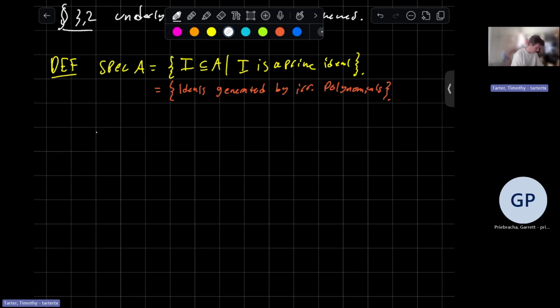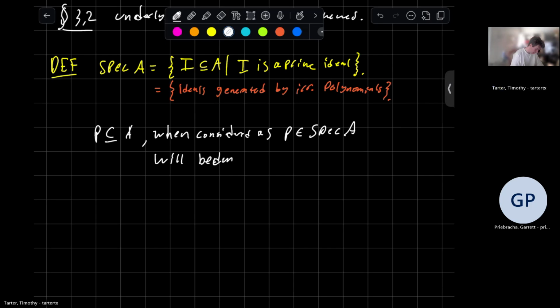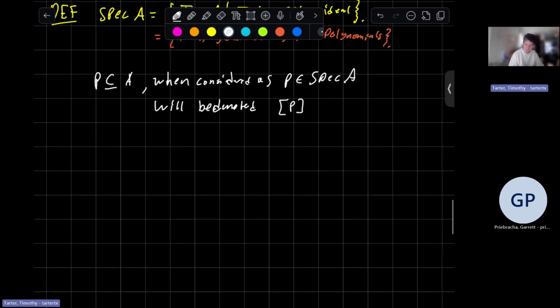I misread that. So P, which is a prime ideal of A, when considered as P, which is an element of spec A, will be denoted by class P.